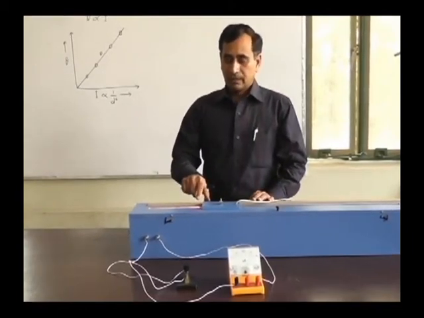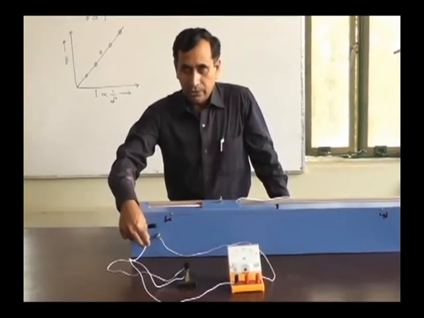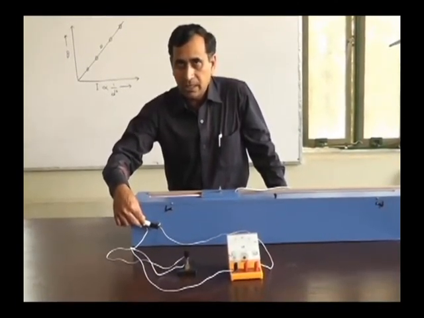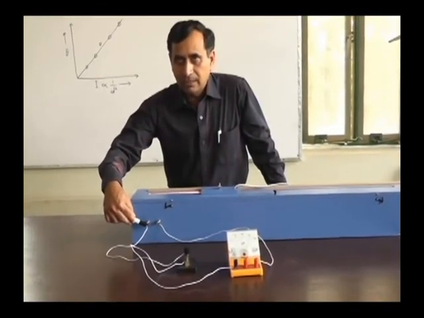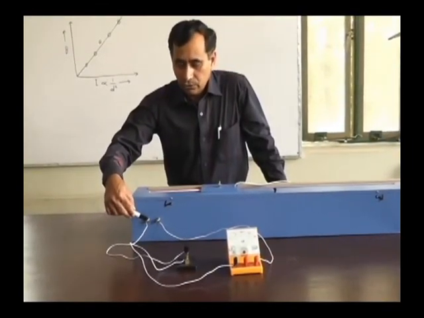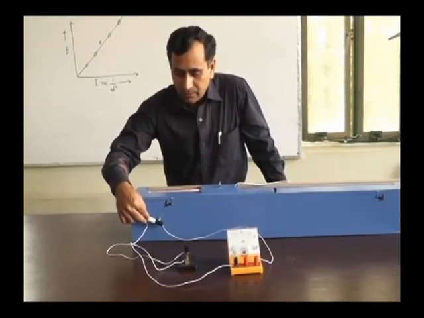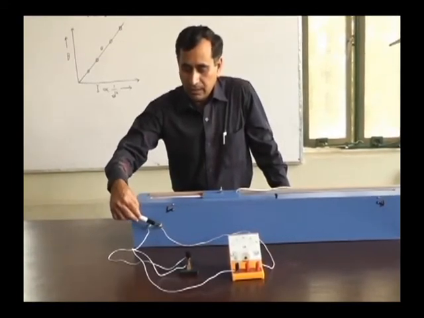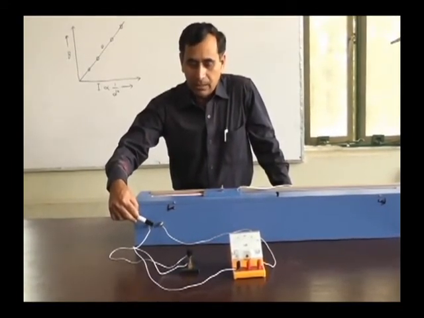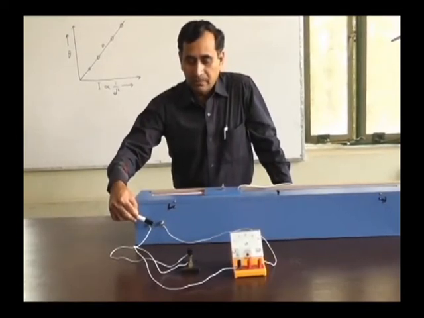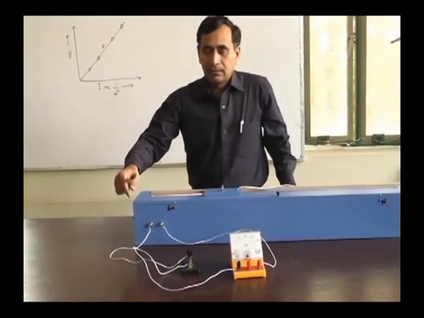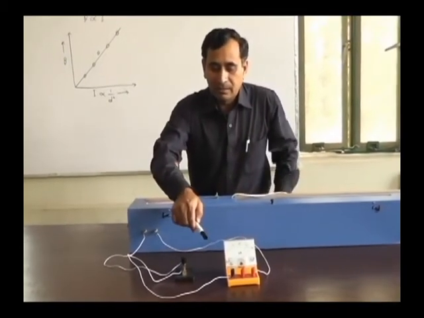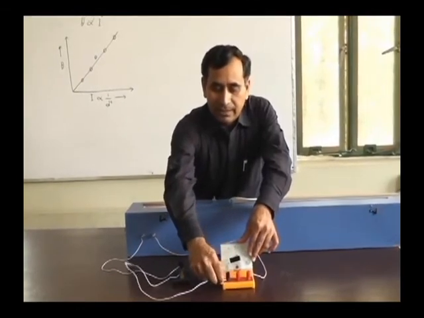Now in the third place, you need to check first which terminal of the photocell is P type and which terminal is N type, because you will connect the P type terminal of the photocell with the positive terminal of the micro ammeter and the N type terminal with the negative terminal of the micro ammeter. Otherwise you will get the reading in the micro ammeter on the wrong side.